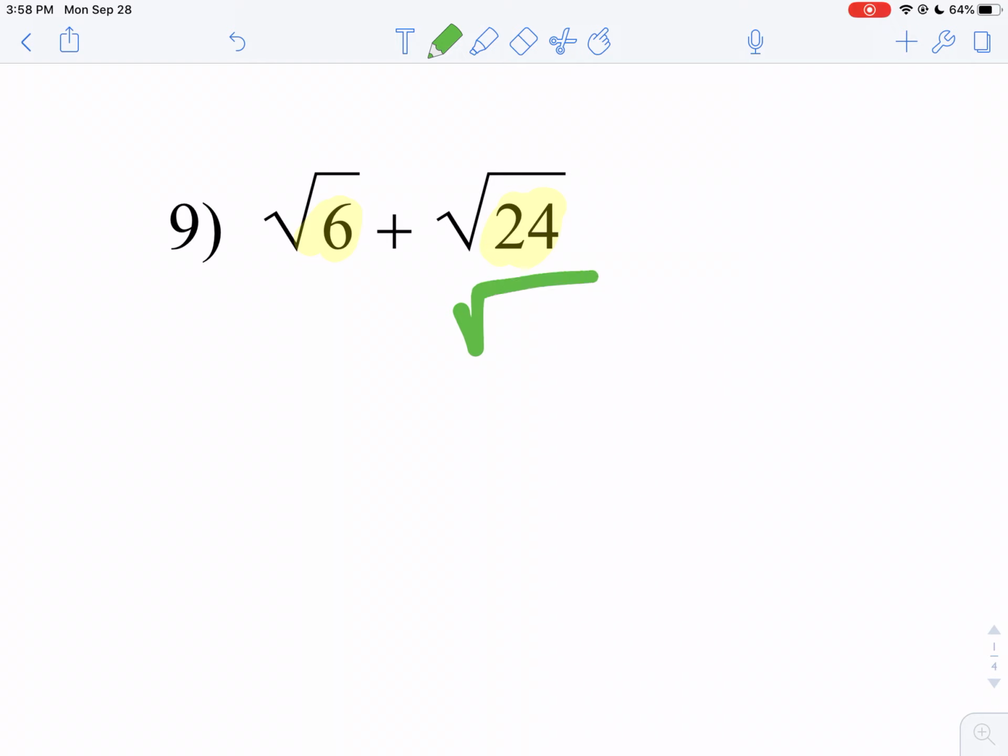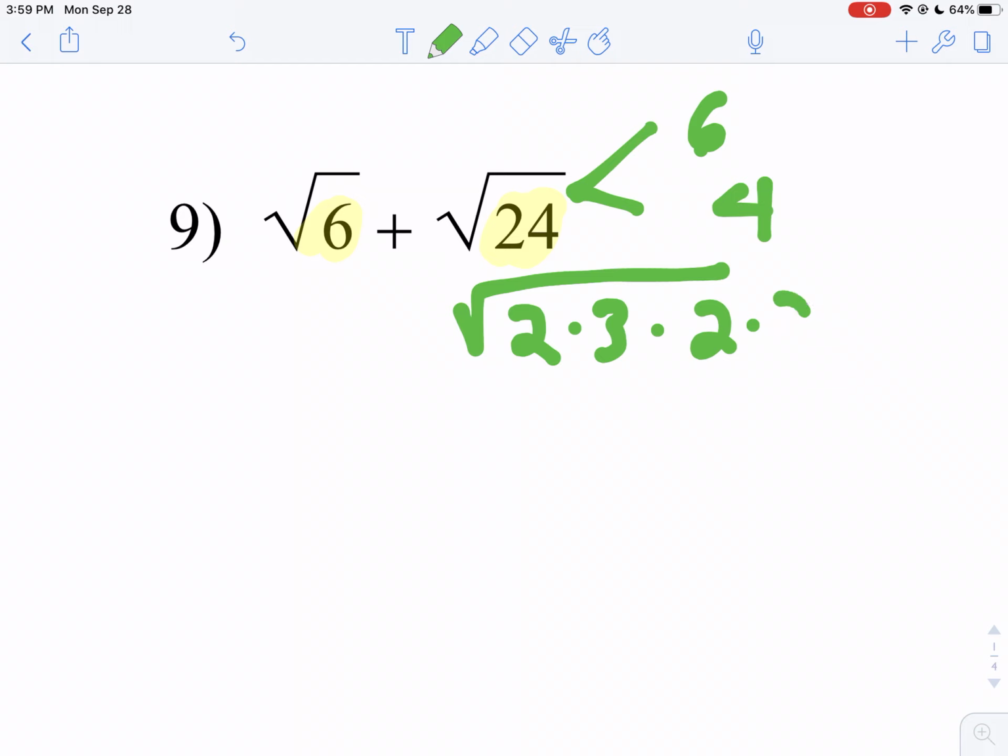All right, so you should always check it. So 24 is 6 times 4. So I'm going to break down the 6. That's a 2 times 3. And the 4 is a 2 times 2. And we're working with the second root. So I do see that I have one pair of 2's, which I can take outside, okay?